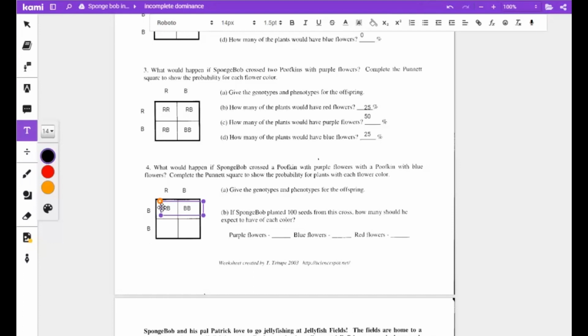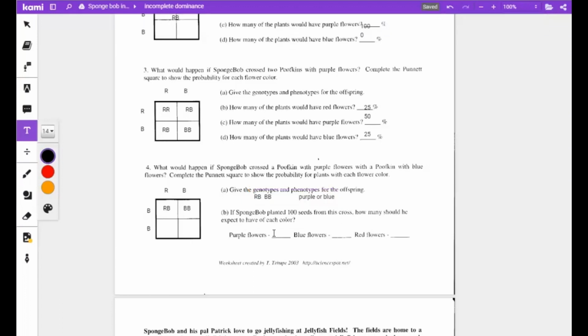That's what I'm going to want you to end up doing. RB is purple, BB is blue. So my only genotypes are RB and BB. And phenotypes, I can have purple or blue. That's all I can get.